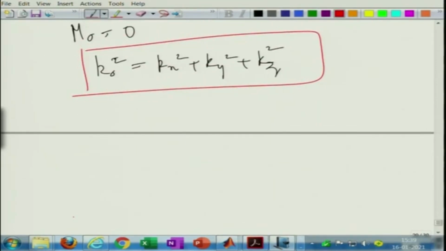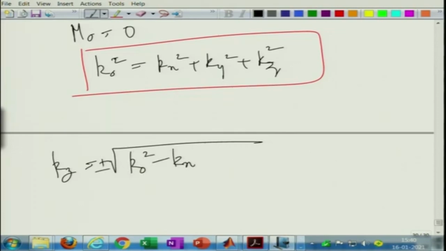So, we can write your kz as root over, plus minus of course, like this. The term under the bracket you can consider like this.